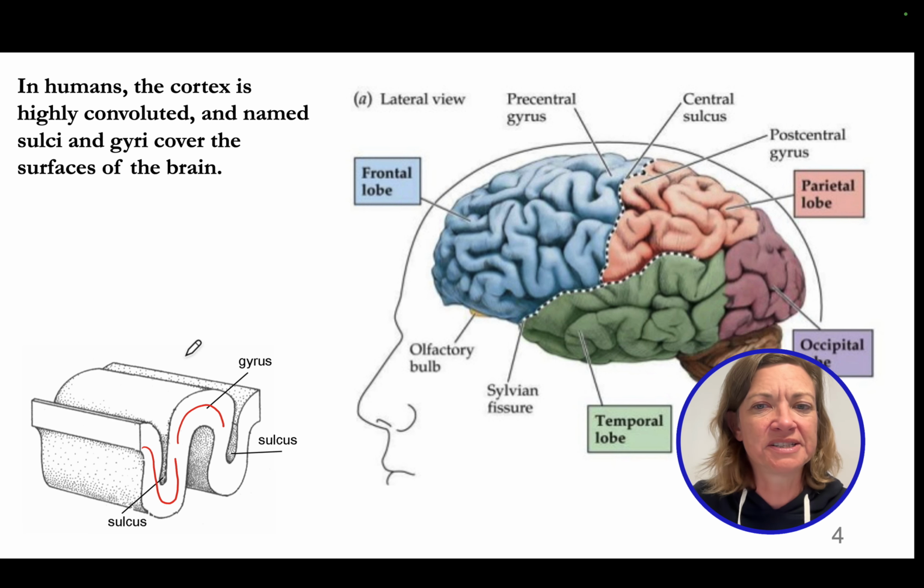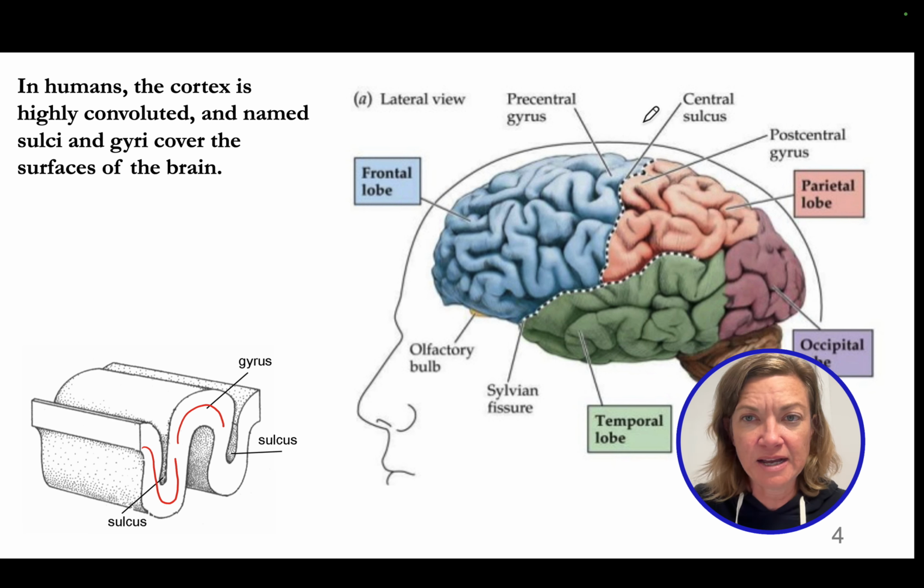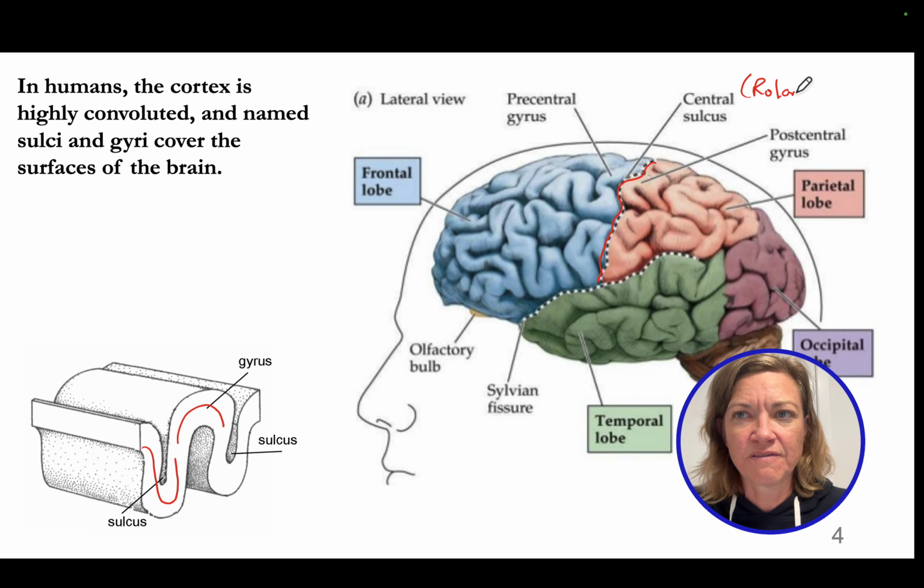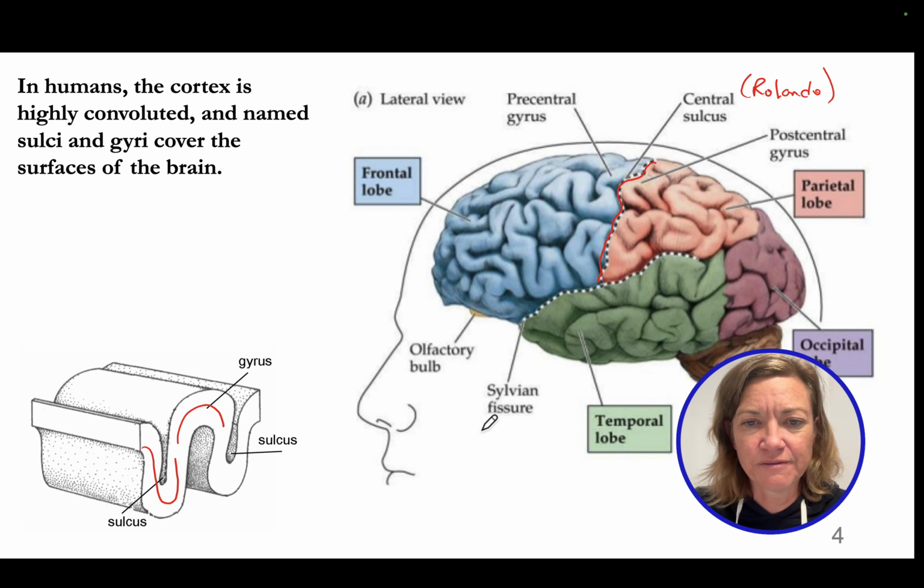Now, one of the purposes of the sulci, anatomically, is that they divide the hemisphere into lobes. And so the two main ones are shown here in dotted lines. The central sulcus, or the eponym is the sulcus of Rolando, or the Sylvian fissure, or the lateral fissure. So those are the two main and most apparent named sulci.